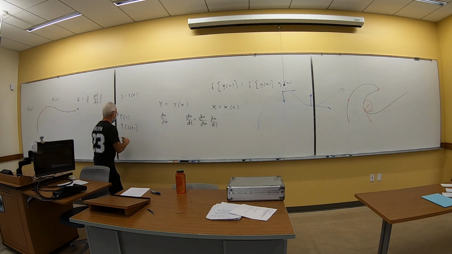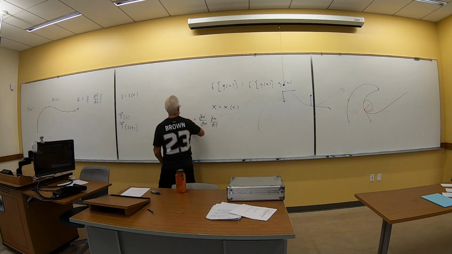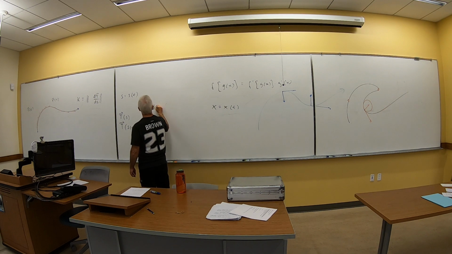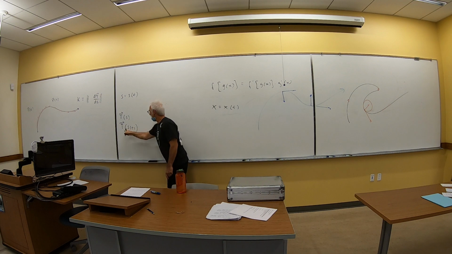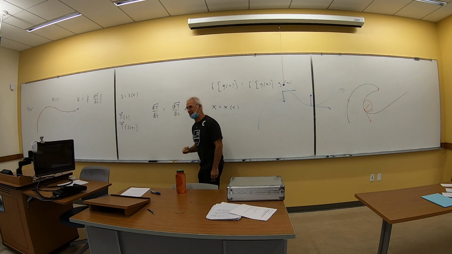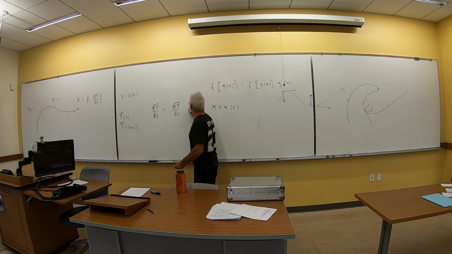So I want you to, this is vectors. So we're going to use the chain rule on this. You'll like this. It's not that complicated. I want dT/dt. Well, wouldn't that mean this has got to be dT/ds times what? ds/dt, which is not a vector, that's a scalar valued function.